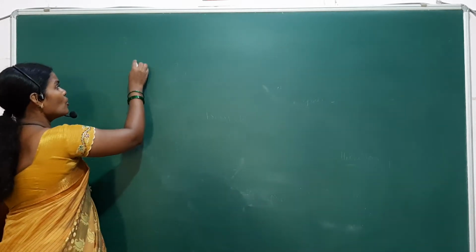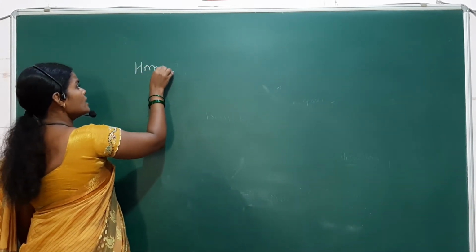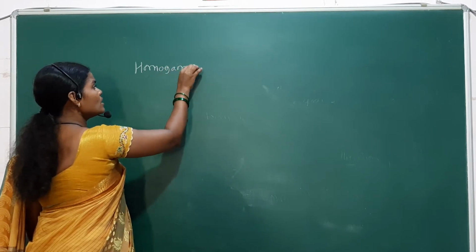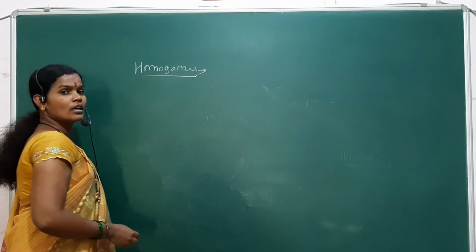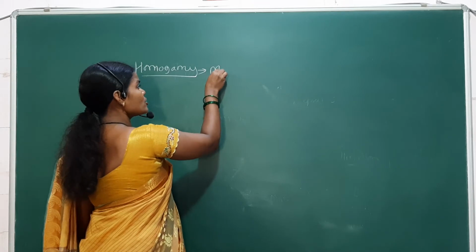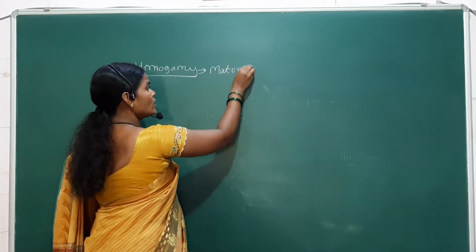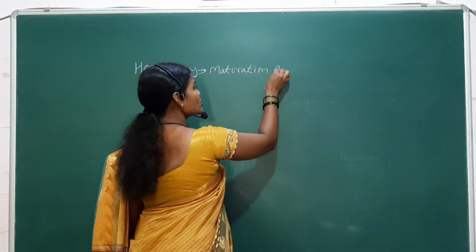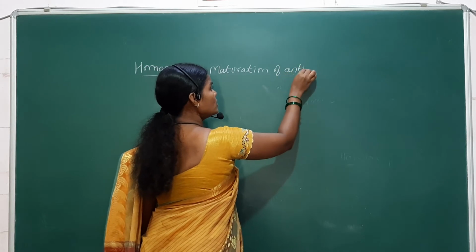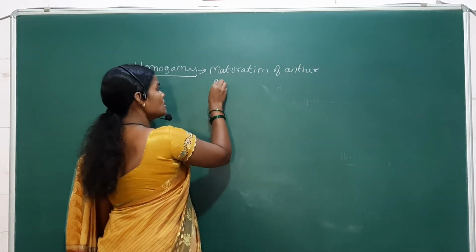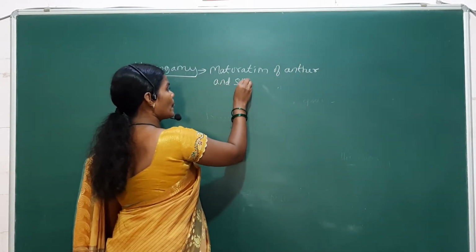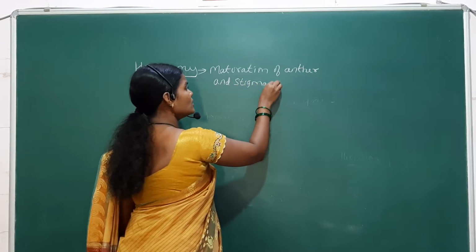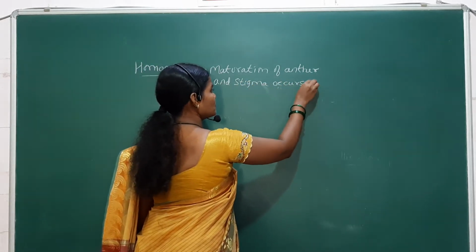See here, homogamy is a condition of self-pollination. Homogamy means the maturation of the anther and stigma occurs at the same time.